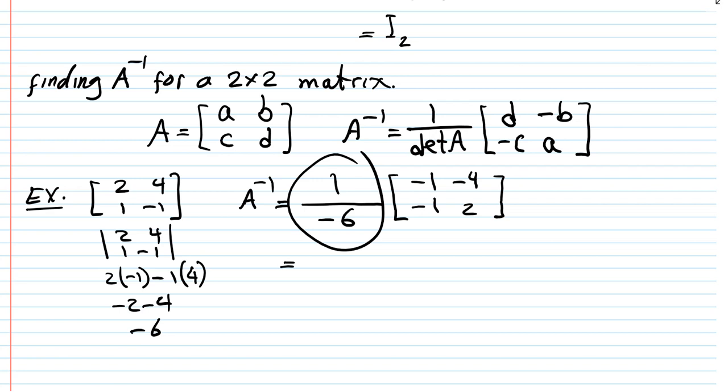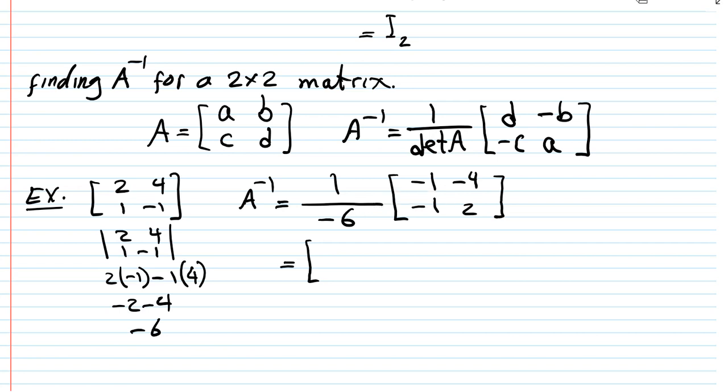Real numbers in matrix terminology, we call scalars. So I'm doing a scalar multiplication of negative 1/6 by every element of that matrix. It's like distributing it to every one of them.